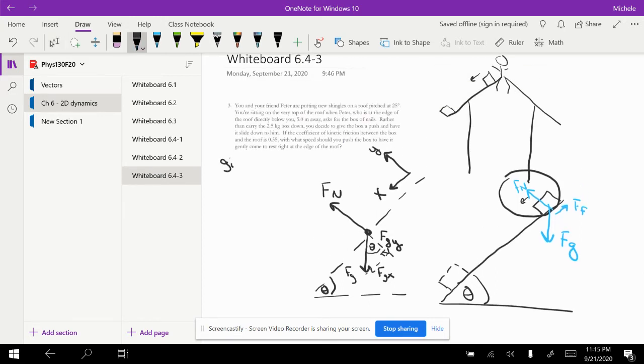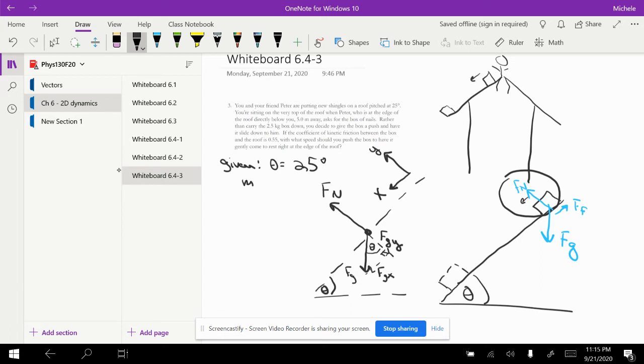Okay, so let's look at our givens and finds. We're given our theta is equal to 25 degrees. That doesn't even look like 25 degrees, let me fix that. 25 degrees.